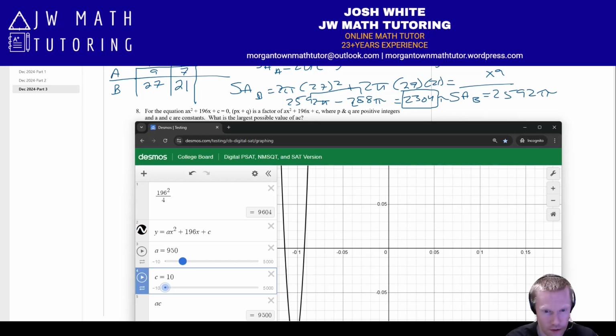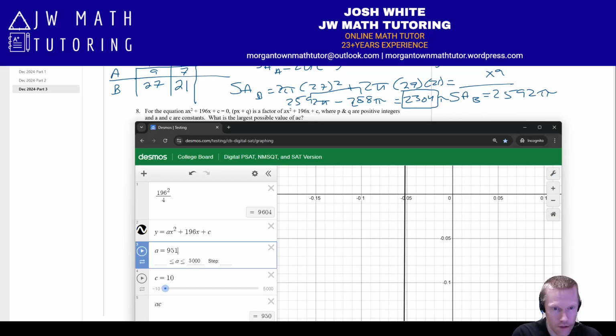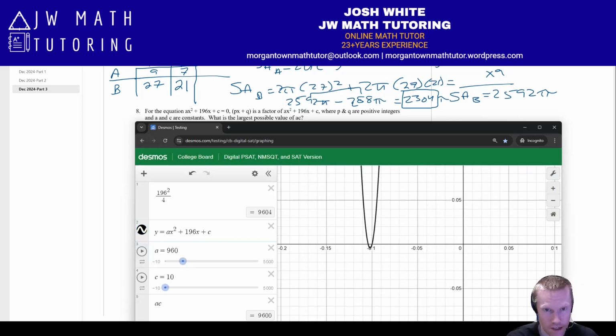Okay, see right here, I'm at 9,500. And then if I go here, okay, right now I got my AC value 9,600, and see it's just below the x-axis.